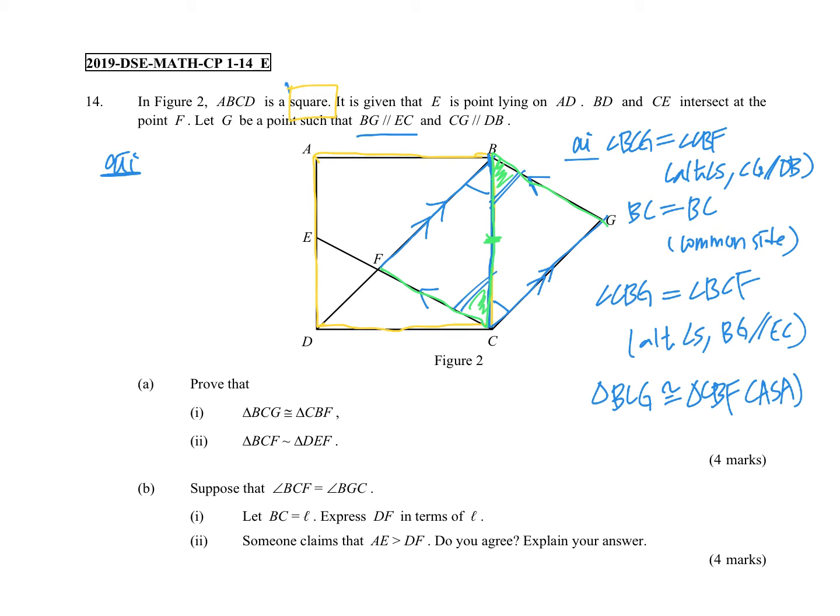Now about the similar triangles. Triangle BCF is similar to triangle DEF. That will be rather obvious. First of all, here we have another pair of parallel lines.